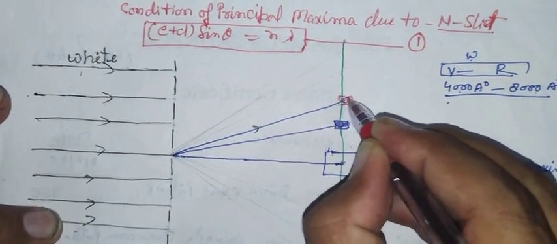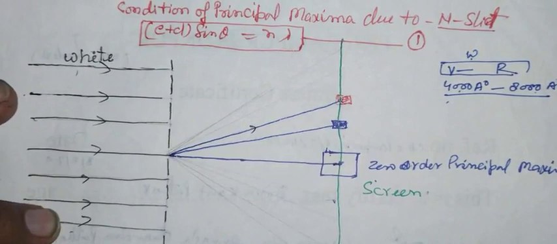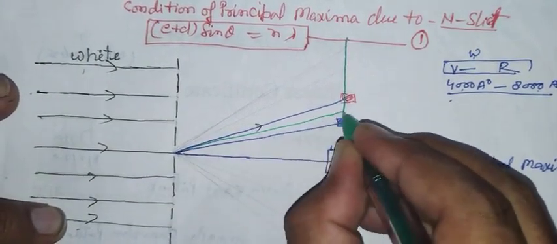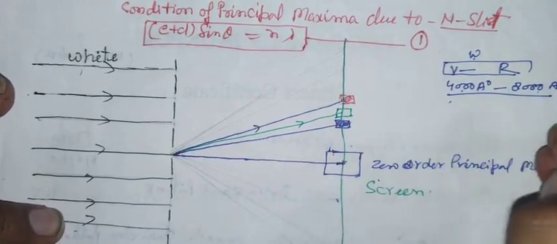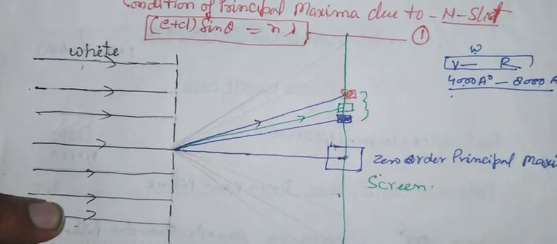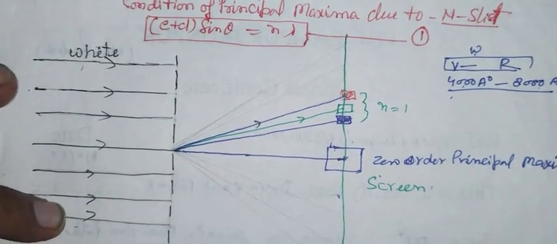A red color band is formed here, and in between, beautiful color bands are formed, in between that a green is also formed. It is the spectrum for n = 1 on both sides.